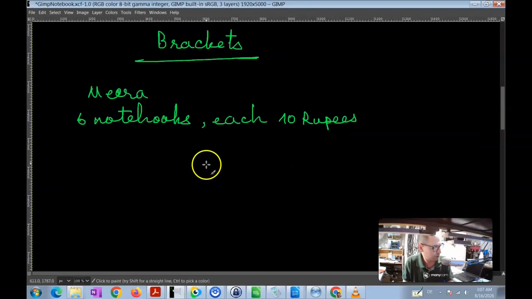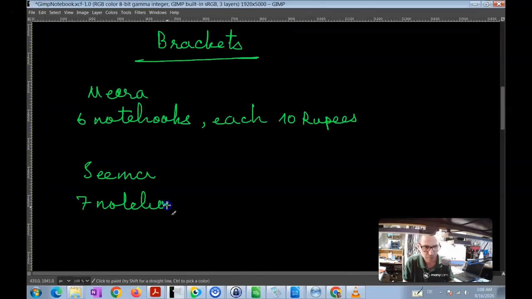And then her sister Seema buys 7 notebooks, and the same amount, each 10 rupees.